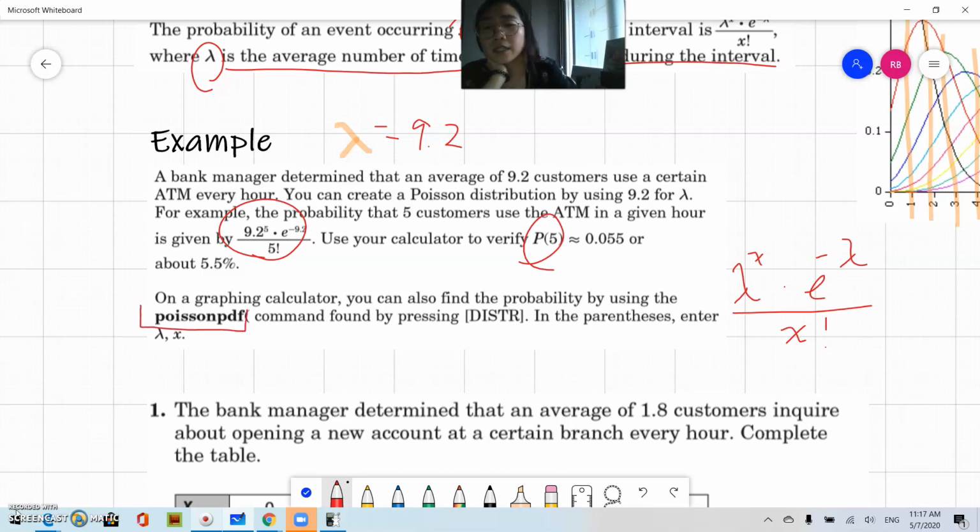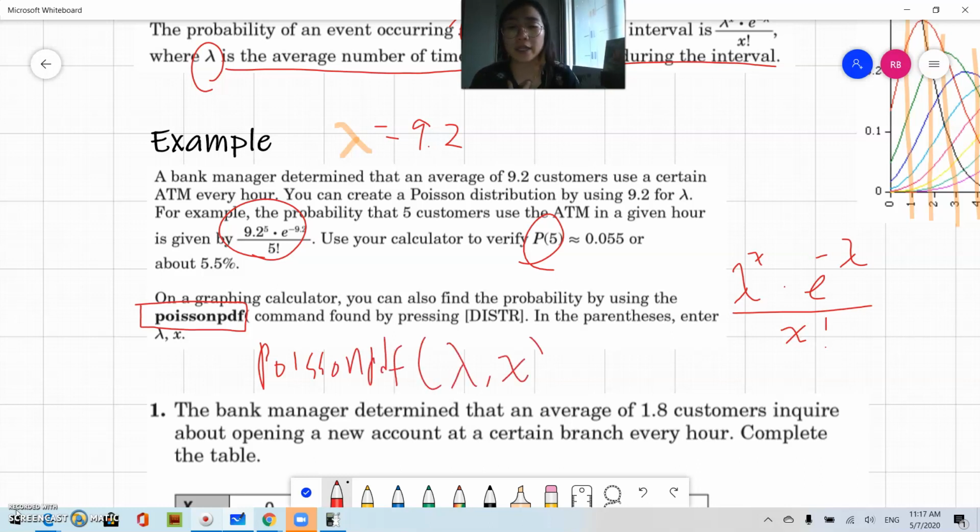And just like a binomial PDF, there is a Poisson PDF, which gives that specific value. If you do Poisson PDF, lambda, comma, x, it runs this formula and spits out the answer.